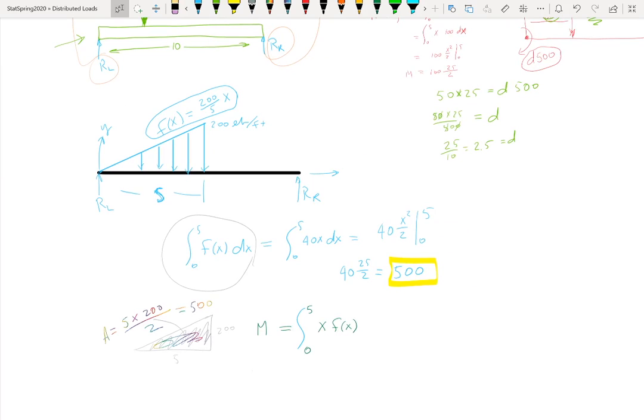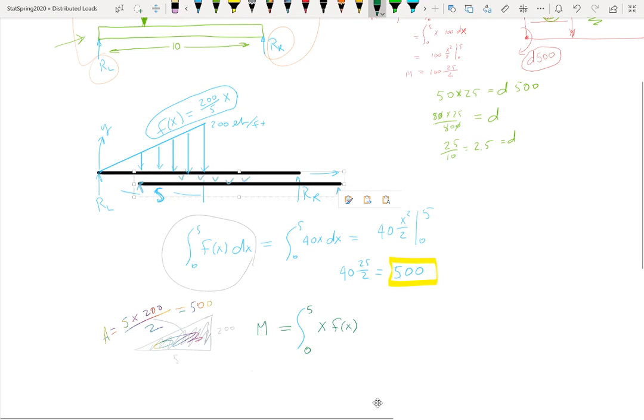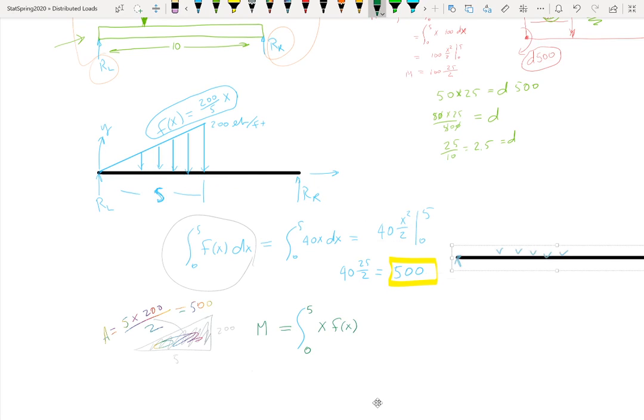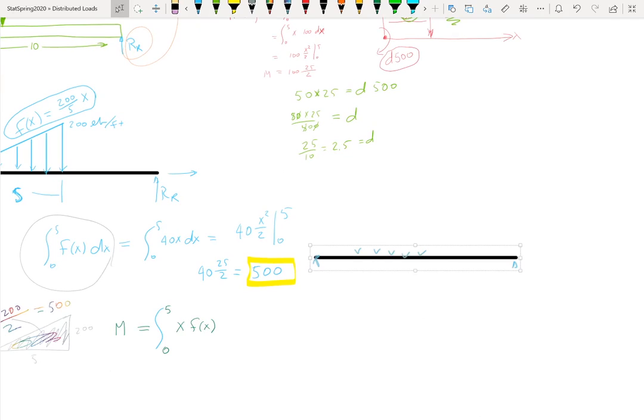If I take this beam and I move it over here, and I'm wanting to find the equivalent moment, that equivalent moment is a force, which actually happens to be 500 pounds, times the distance.